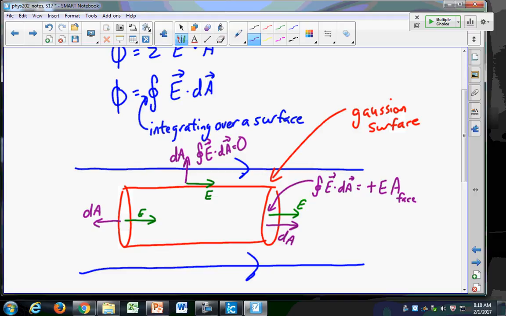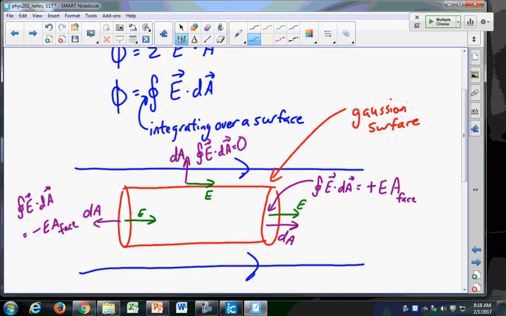Negative work, right? Remember we talked about how friction does negative work, that it takes away energy, because friction opposes the direction of motion. So, on this side over here, the integral of E dot dA is going to equal negative EA, where this is A of the face.